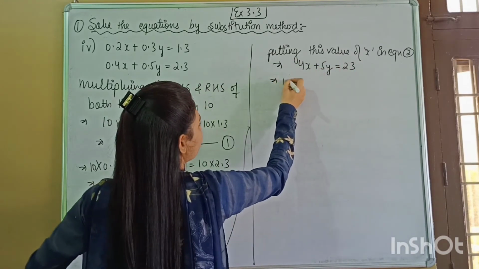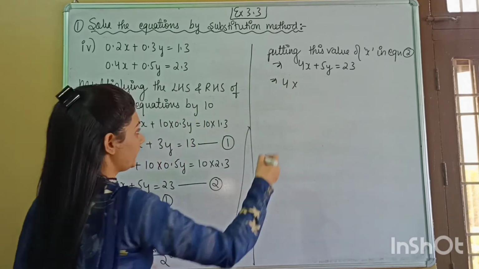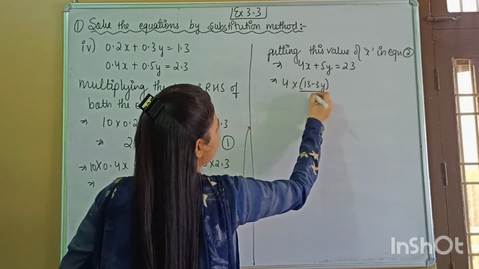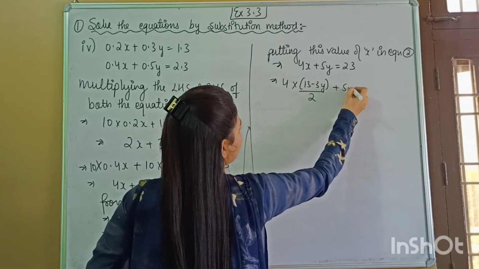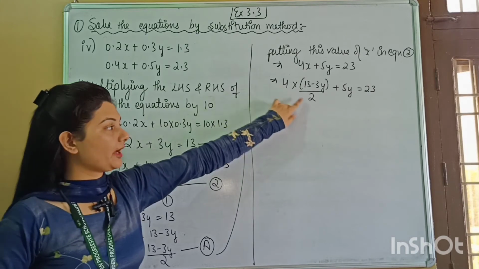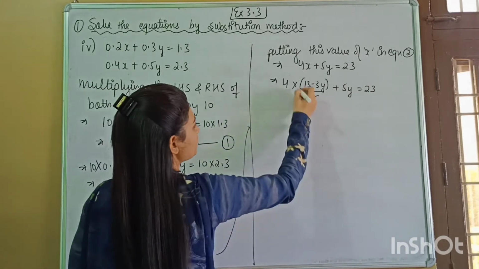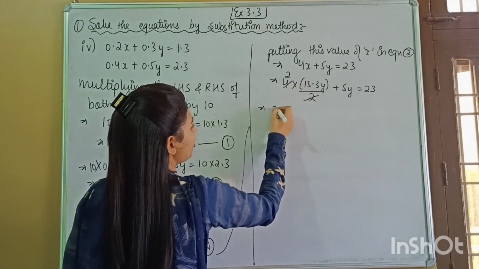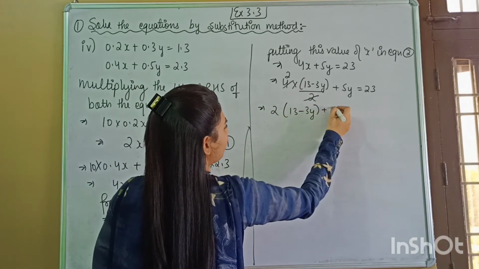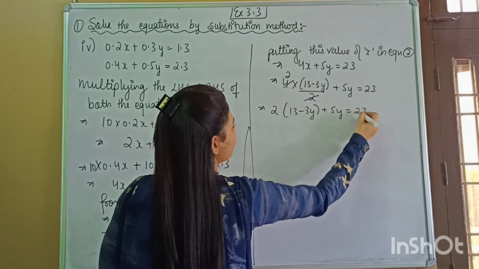So in place of x we will write 13 minus 3y divided by 2 plus 5y equals to 23. Now this 4 can be cancelled by 2, that is 2 times. So we get 2 into 13 minus 3y plus 5y equals to 23.